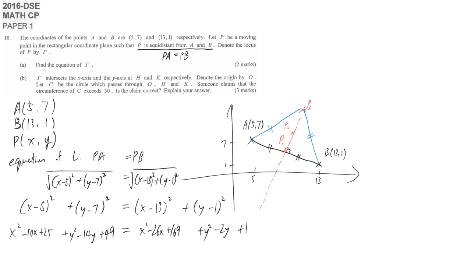Again, there are some terms that can be cancelled out, which are x squared and x squared, and also y squared. So now we only have 4 terms on each side. Then we simplify first before further calculation. Minus 10x minus 14y, and then we add the 2 numbers together.